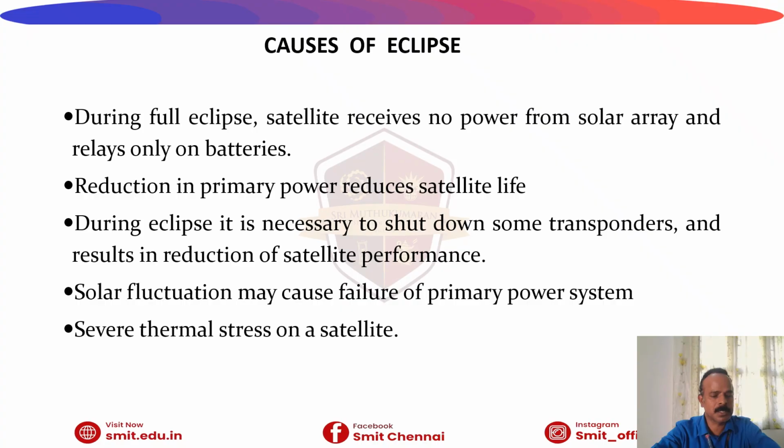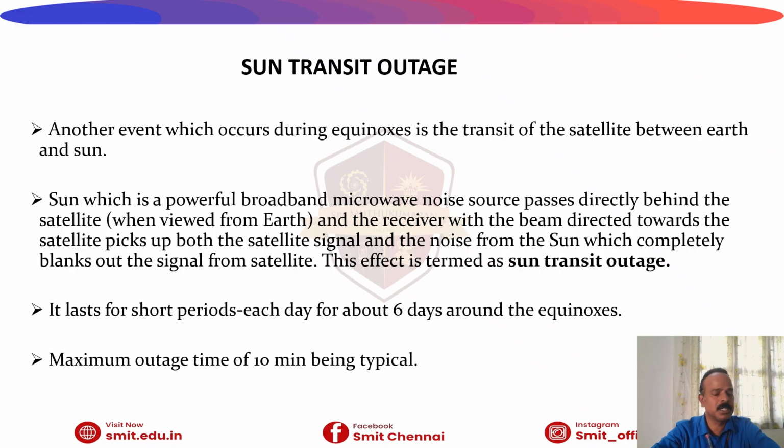The third one is that some satellite transponders may be turned off to save power. This reduces the communication capacity. The fourth one is the thermal stress that occurs during the sudden change in temperature. This may affect the satellite components. Therefore, eclipse management is very critical for satellite operation.